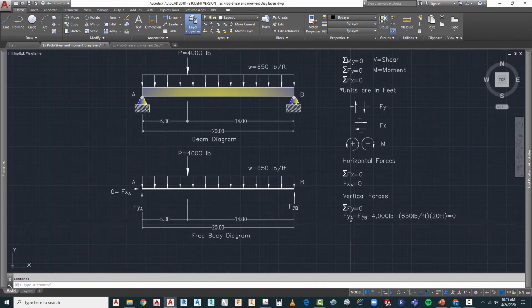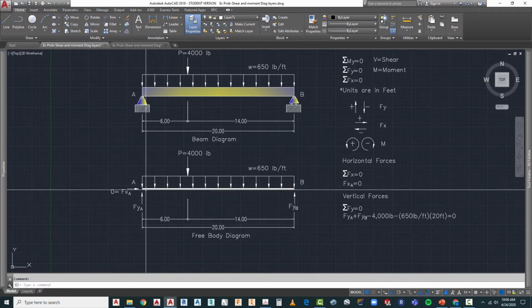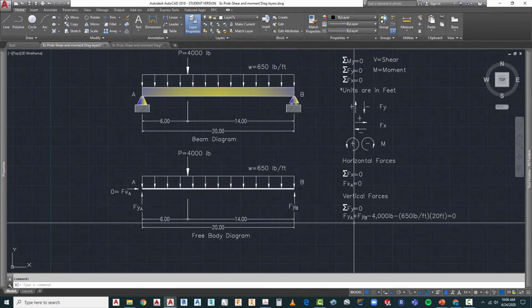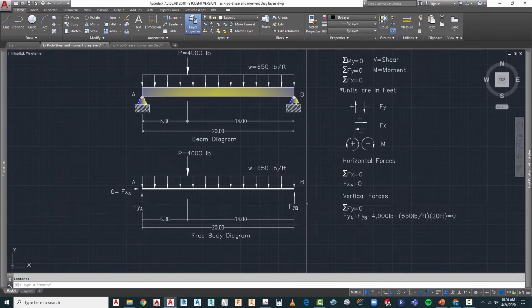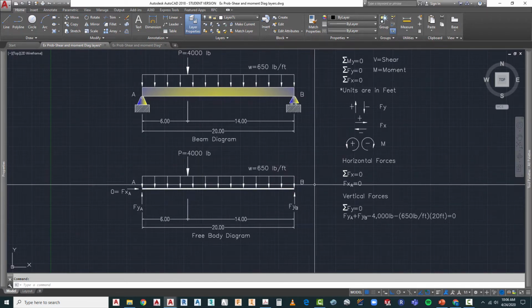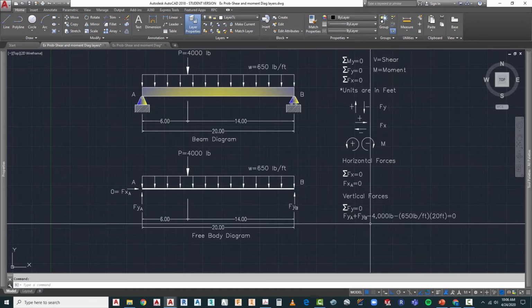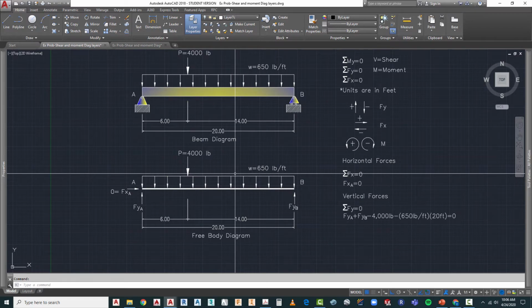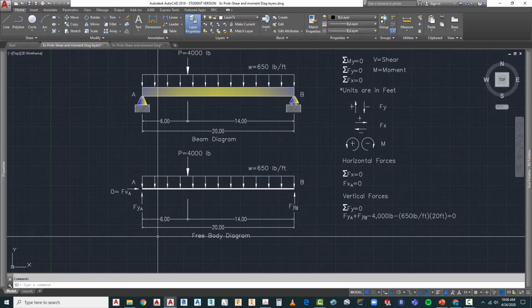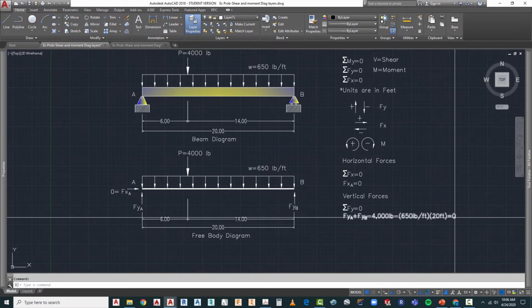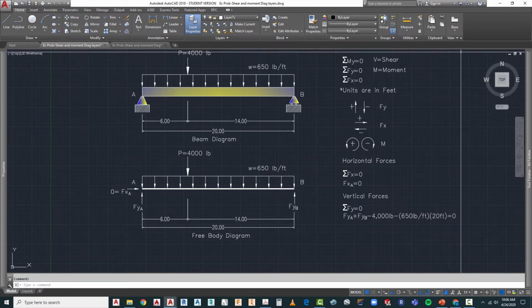So we know that Fya plus Fyb, they are both positive, minus any negative forces, such as our concentrated load of 4,000 here, plus our distributed load times the distance of that distributed load, must equal 0.